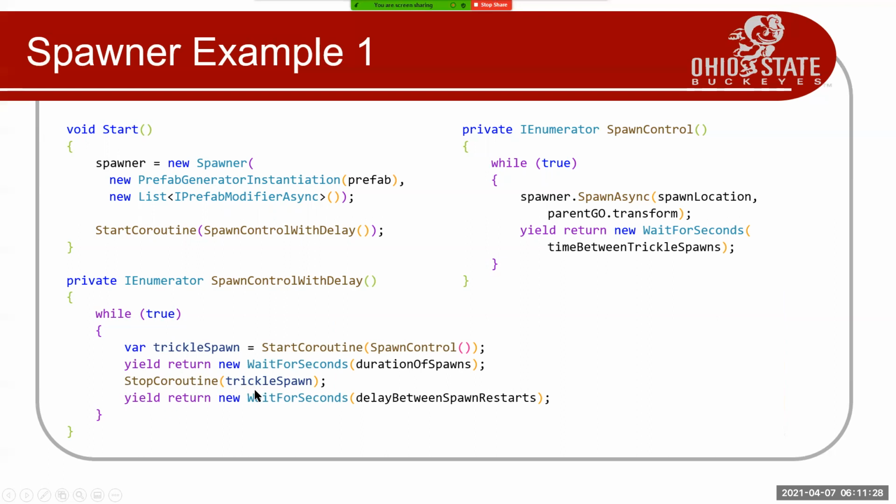So I will stop the trickle, and then I will wait for delay between spawn restarts, and I will start it back up again. Okay, so this is using the start and stop. You could put a while time interval here if you wanted to and not have the stop, and it would just fall through.